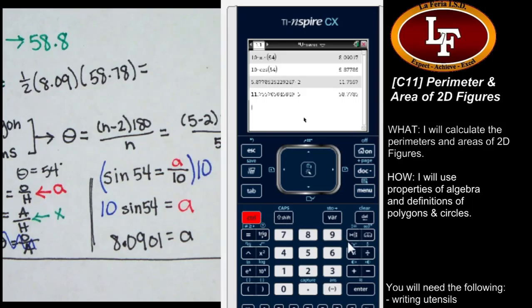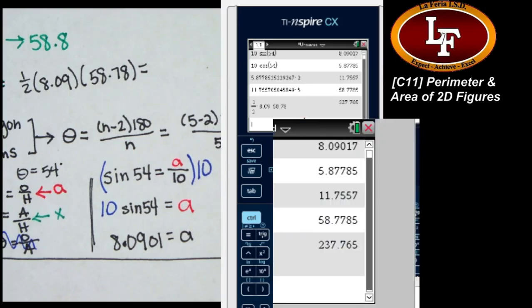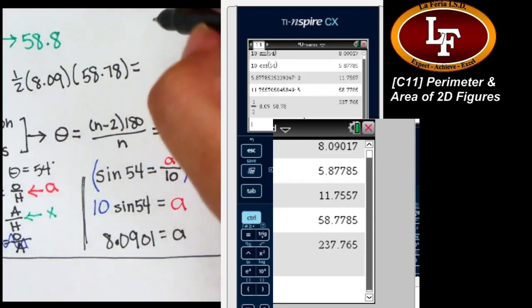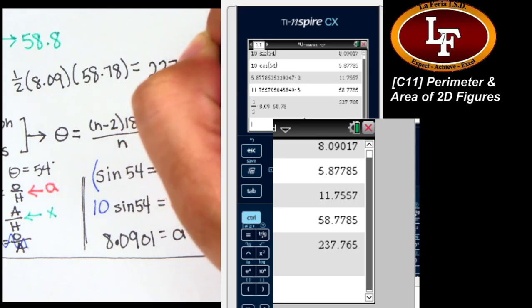So 1/2 times the apothem times the perimeter, and this is that bottom value is our area, 237.77.